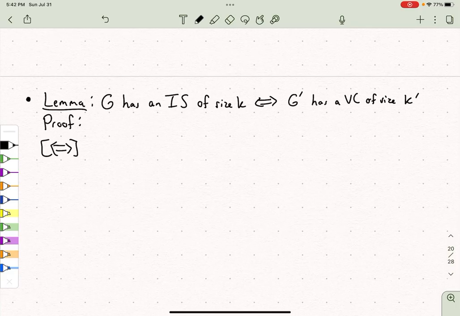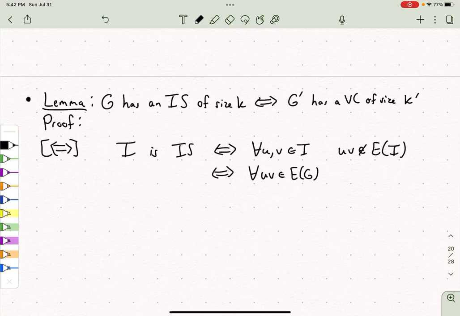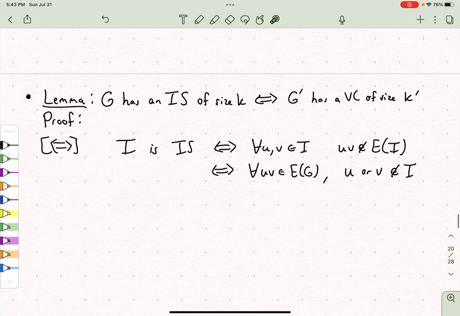So I is an independent set if and only if, by definition, for every u and v in I, the edge uv is not in the edges of I. Well, this happens if and only if for every edge in the graph, that edge must have one vertex, u or v, not in I, because if they were both in I, that contradicts it being an independent set.